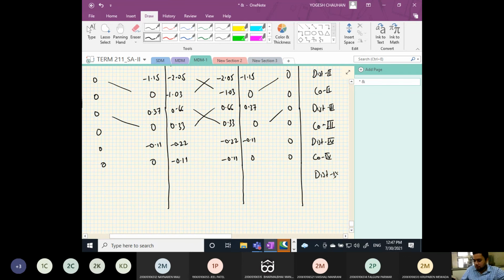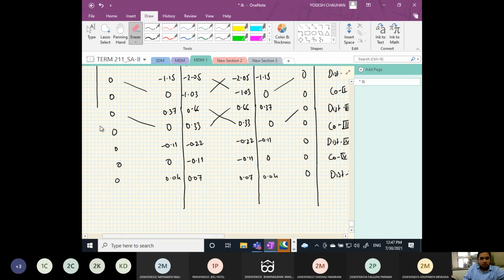Distribution 5, this will be 0. Now 0.11, that means it will be 0.04 here, 0.07 here, 0.07 here, 0.04 here, 0. Now the difference in both the moments are in 2 decimals. So we can stop here.